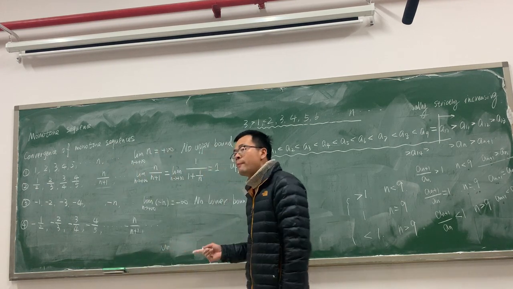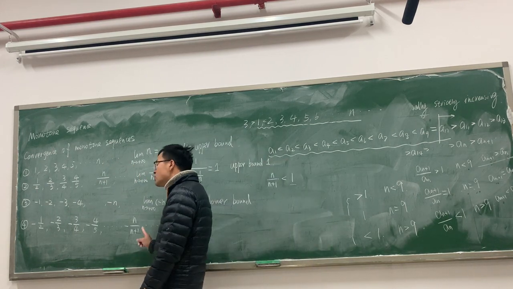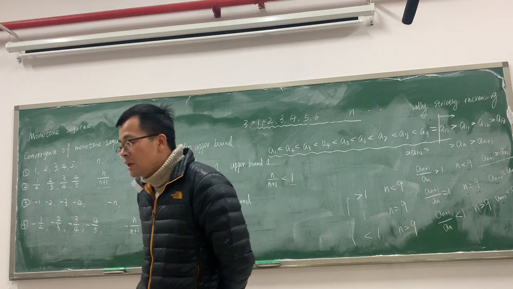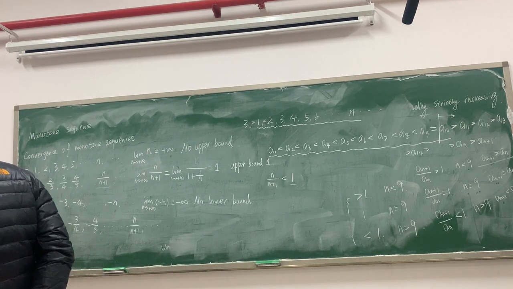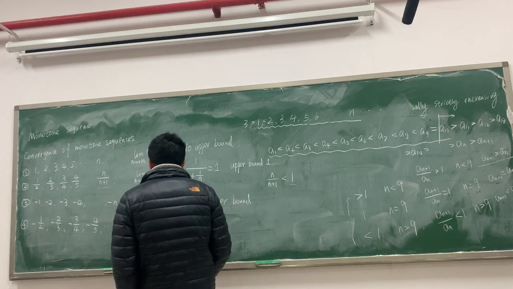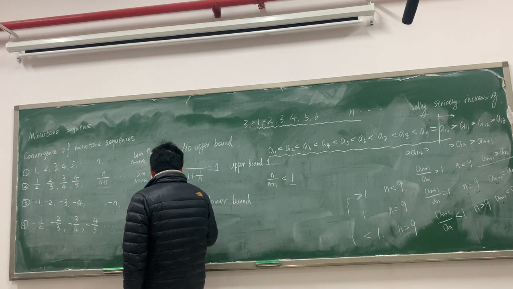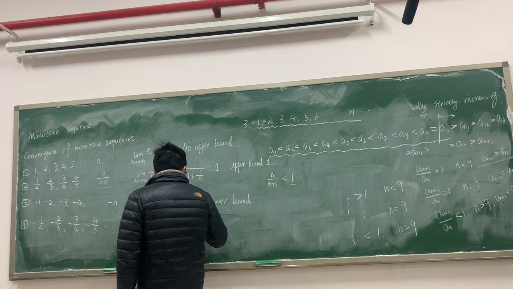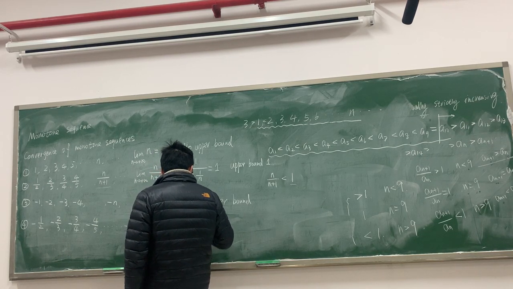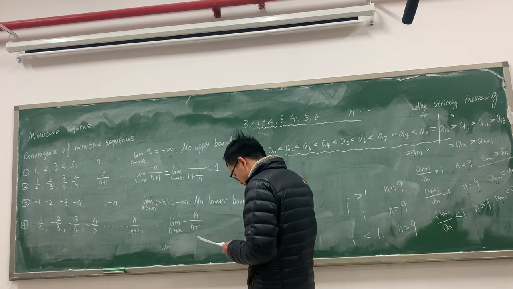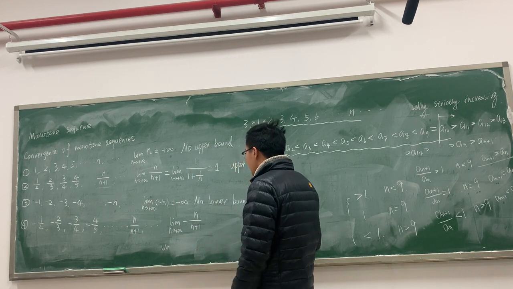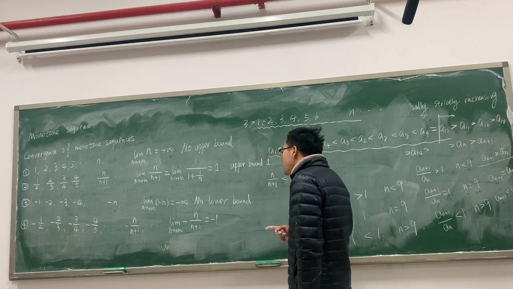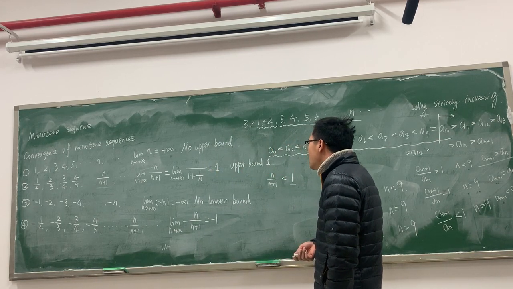For this sequence, it's strictly decreasing, yeah? Now we can see the limit as n approaches plus infinity of minus n by n plus 1 will approach what? Minus 1. Of course, minus 1, yeah?